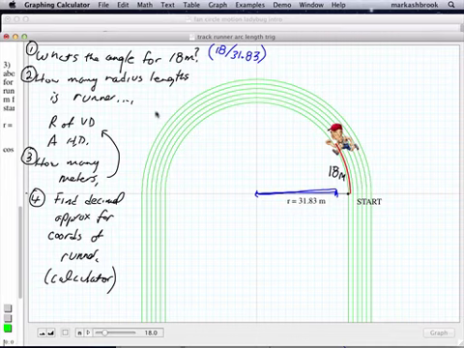It's going to be the cosine of 18 over 31.83. That's what cosine gives us. It gives us the number of radius lengths to the right of the vertical diameter. Okay, how about above the horizontal diameter? That's going to be our sine.